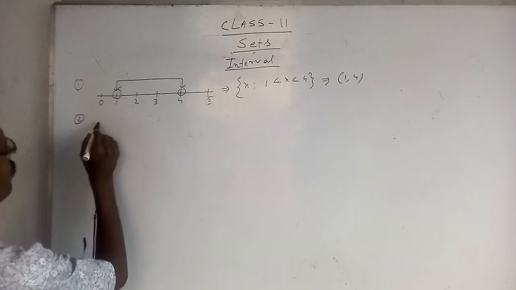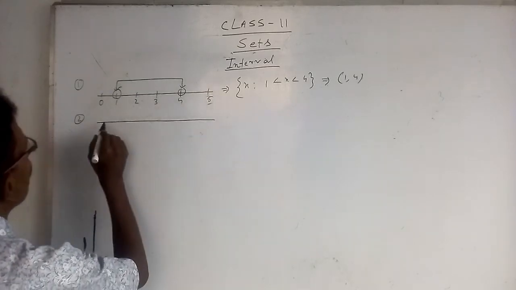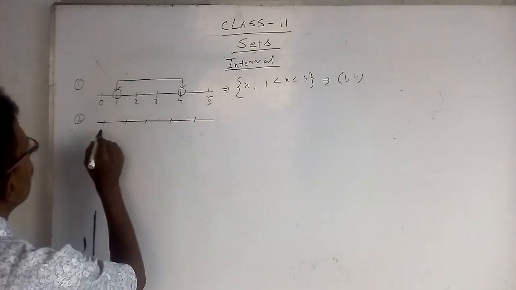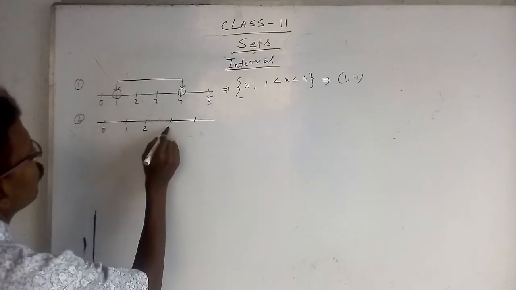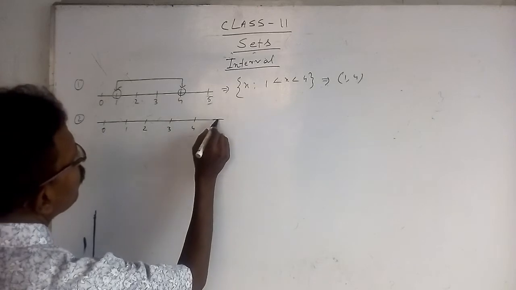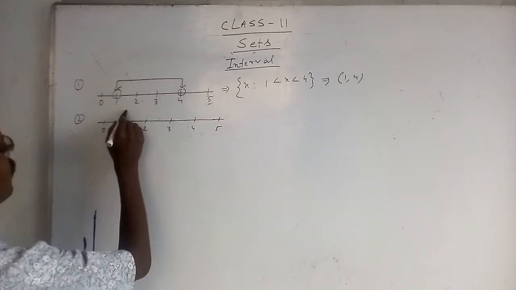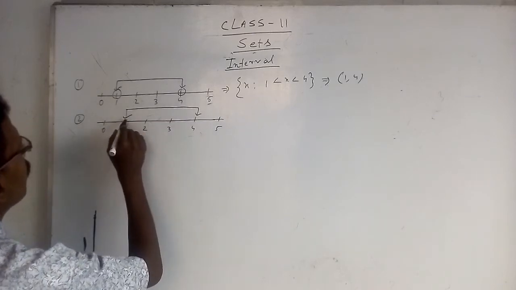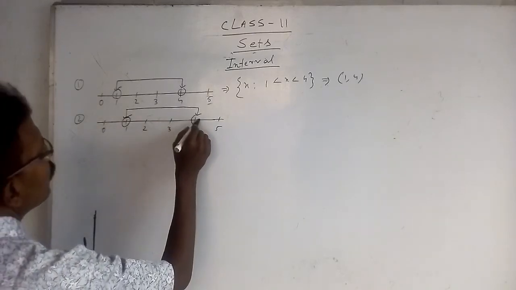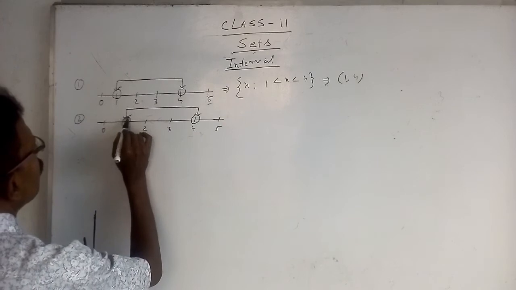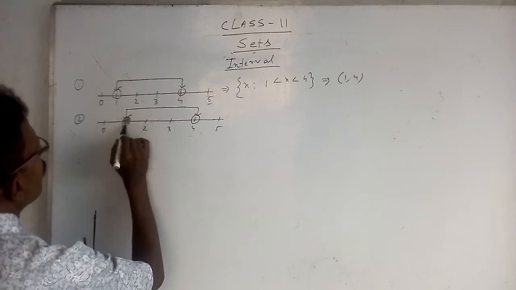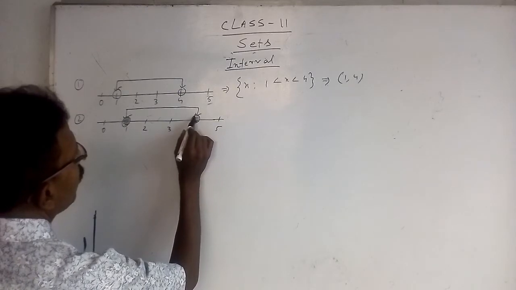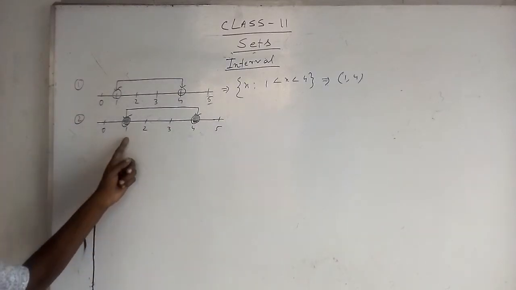number 2: draw the same number line, 0, 1, 2, 3, 4, 5. Now set the circles as filled. What does it mean? This is a notation.